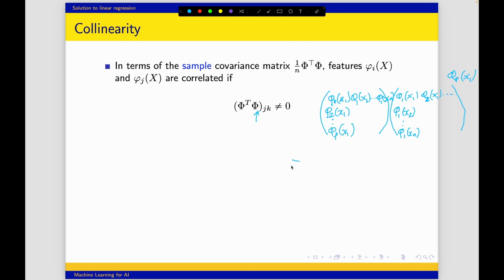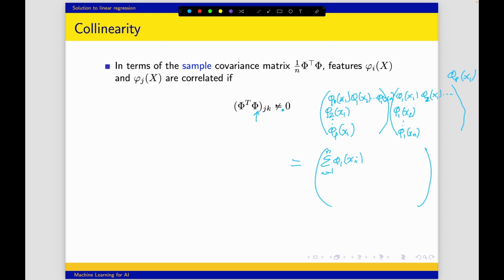So what would be the first term of this matrix? This times this. Well, this term here is going to be the dot product of this vector here with this vector here. So we're going to get the sum of psi 1 at xi, from i equals 1 up to n.